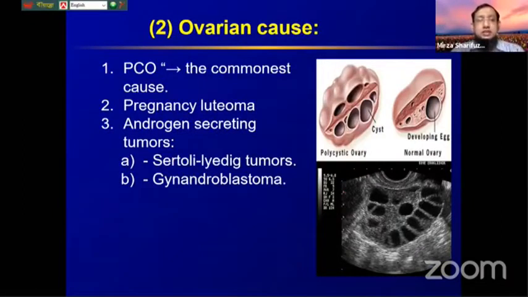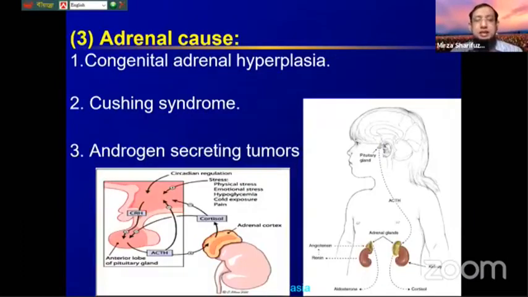Number two, the ovarian cause is the commonest cause, and among them polycystic ovary is the most common. That causes increased ovarian secretion. I will discuss polycystic ovarian syndrome in a separate class. And the patient may have pregnancy luteoma, or an androgen secreting tumor in the ovary. In the adrenal, the commonest cause is congenital adrenal hyperplasia.